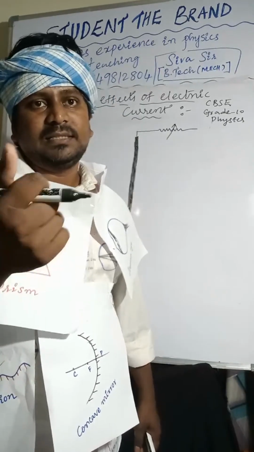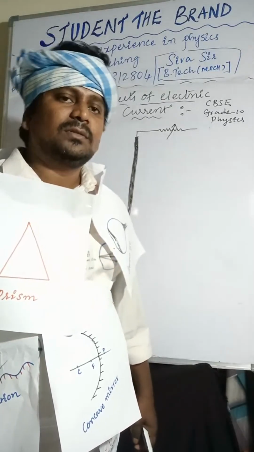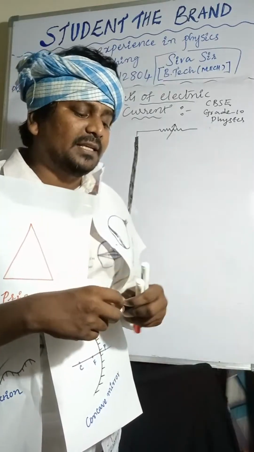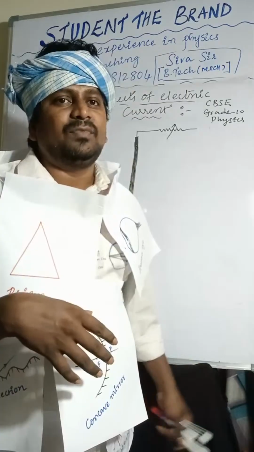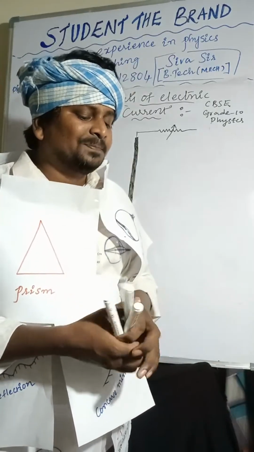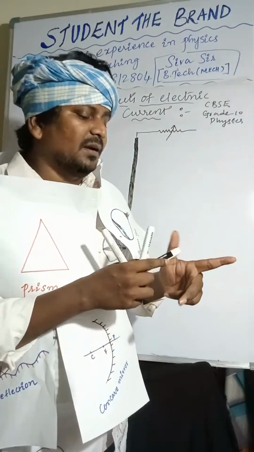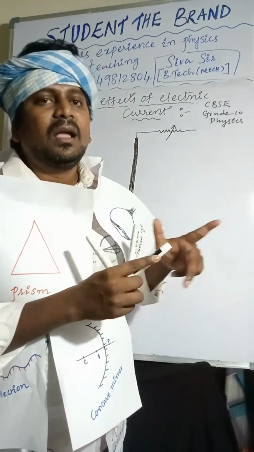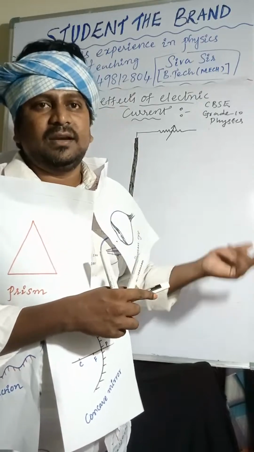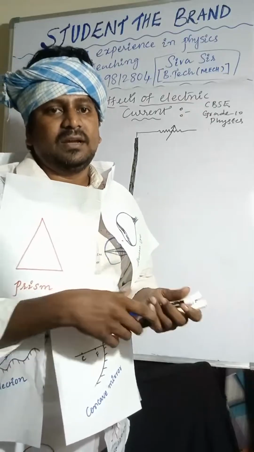The magnetic field, current, and thumb represent the force acting on the conductor. By using it, we can identify in which direction the force will act on the conductor. Very good, Sravya.